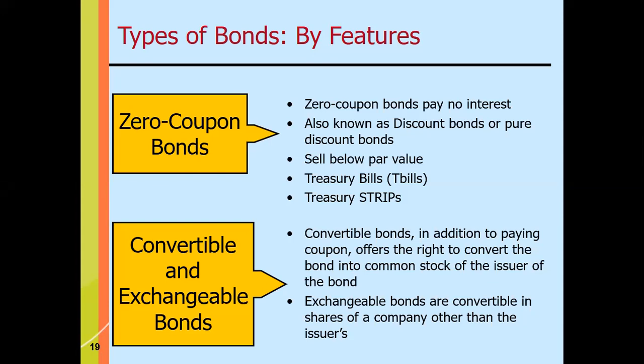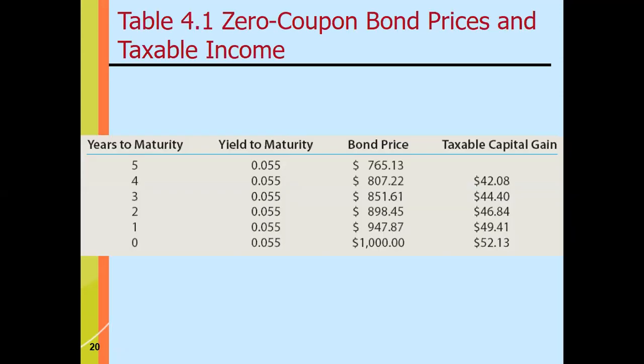In case of convertible bonds, the bonds issued by them can be converted into shares of their own stock, and the bondholder, of course, is given that right, so the investors will become shareholders of the issuing company. For an exchangeable bond, it is convertible into shares of other companies, not the issuing company.